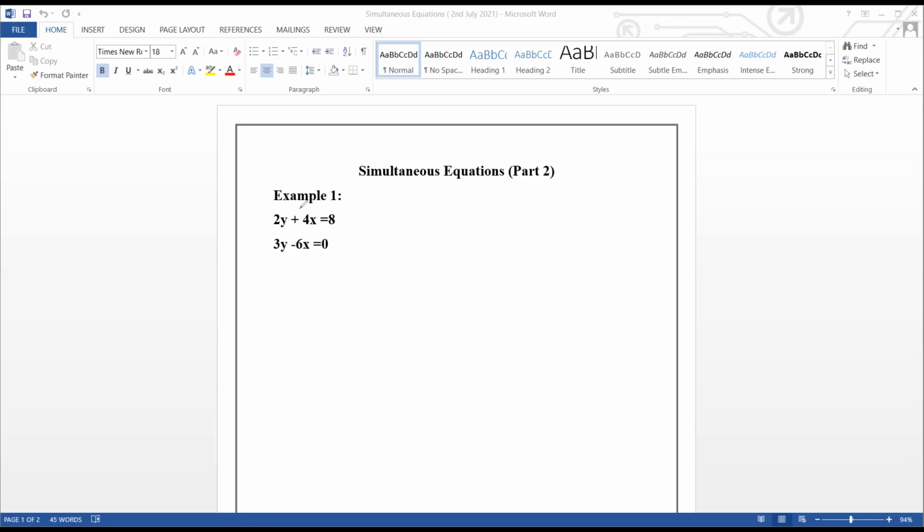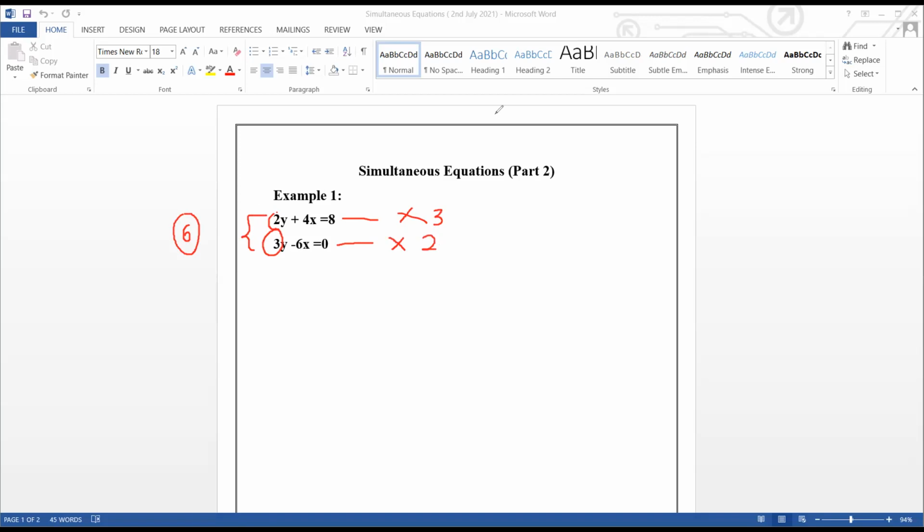Therefore, I'm going to consider y. Here my coefficient is 2, here my coefficient is 3. To make it common, I have to get the common coefficient as 6. To do that, I have to multiply the first equation by 3 and then the second equation by 2. So that is the first step I'm going to do, right?